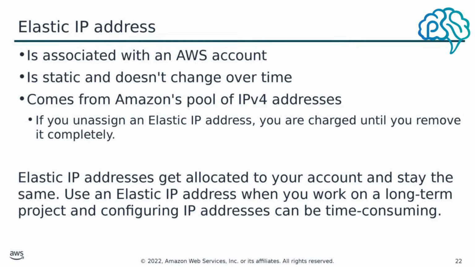It also comes from Amazon's pool of IPv4 addresses, or even from a custom address. There is a charge with it, though, so that's something to be aware of. It's also an important consideration for, let's say, a long-term project, because if you're constantly having to worry about IP addresses, it's really annoying to deal with.